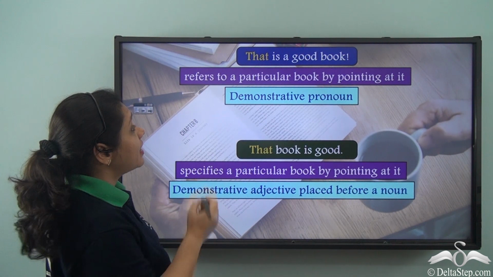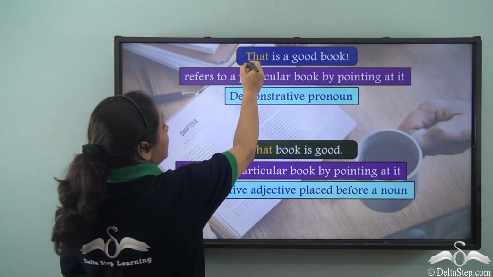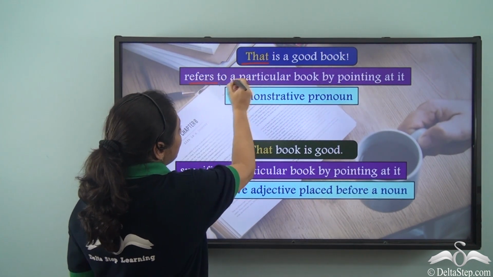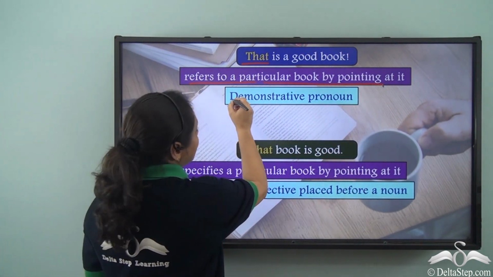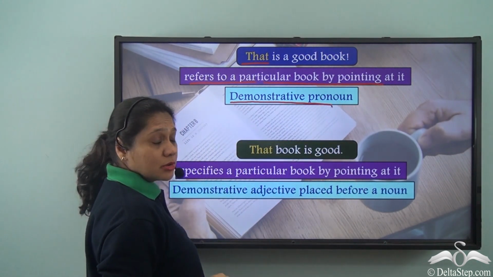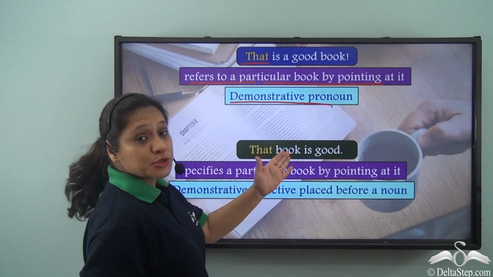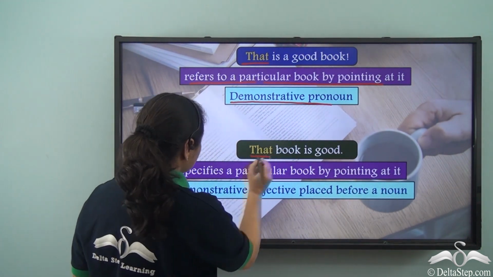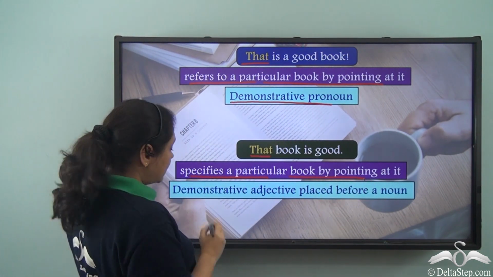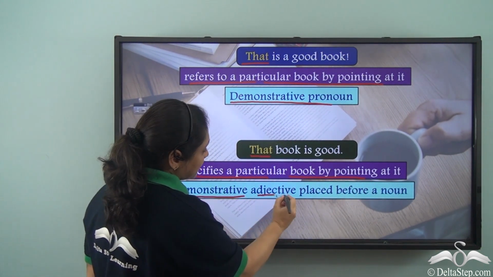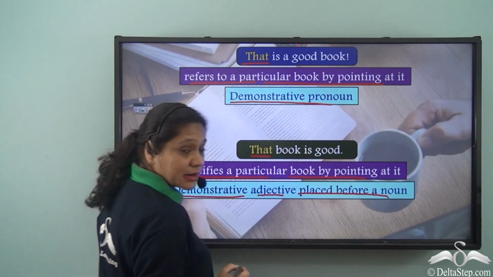When I say that is a good book, that refers to a particular book by pointing at it. It is a demonstrative pronoun. When I say that book is good, that specifies a particular book by pointing at it. It is a demonstrative adjective placed right before a noun.